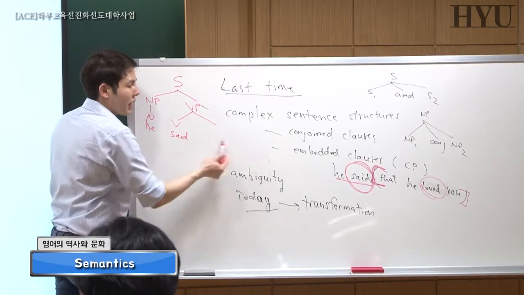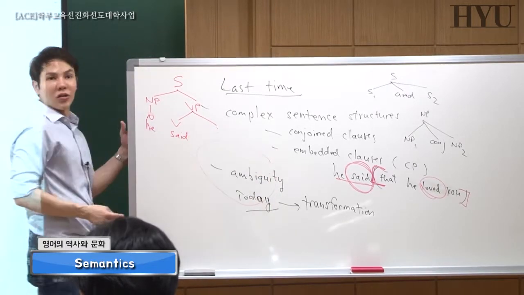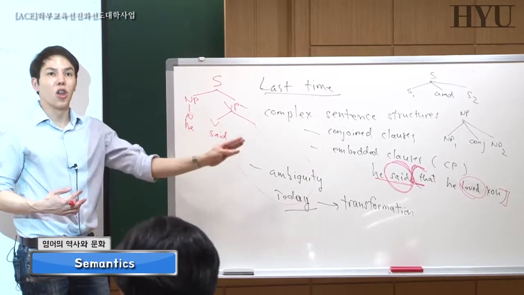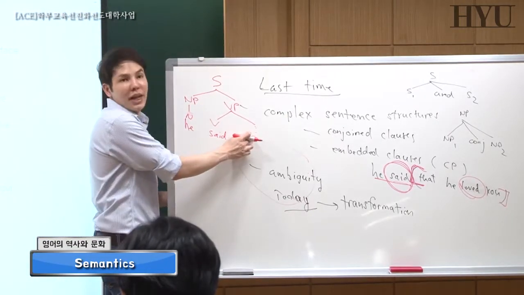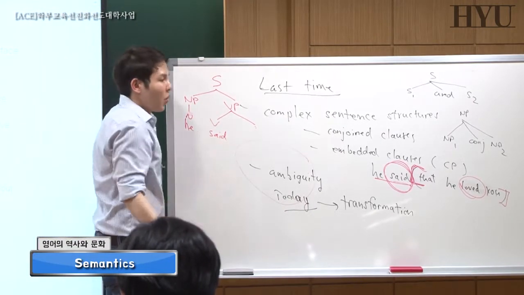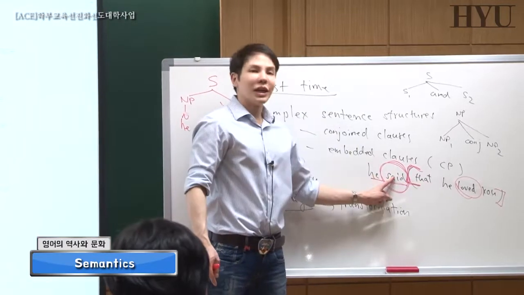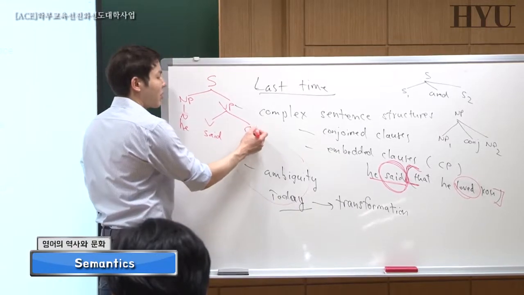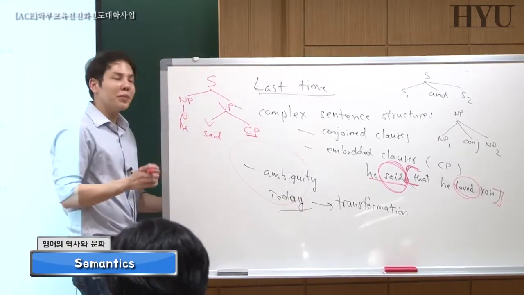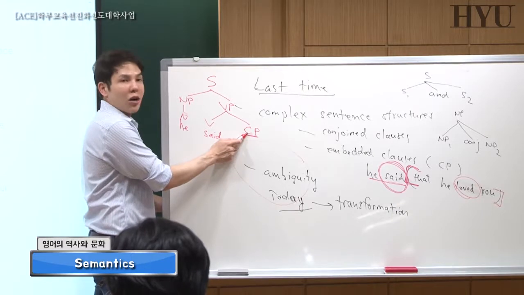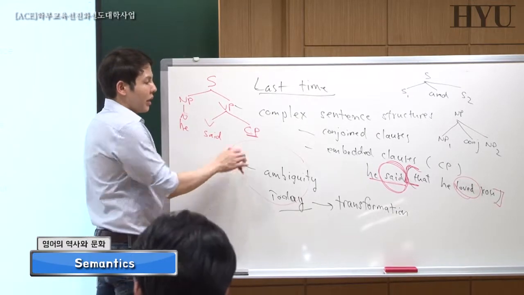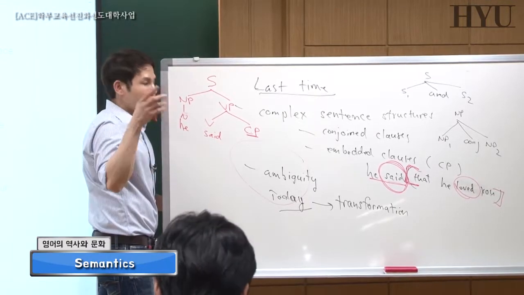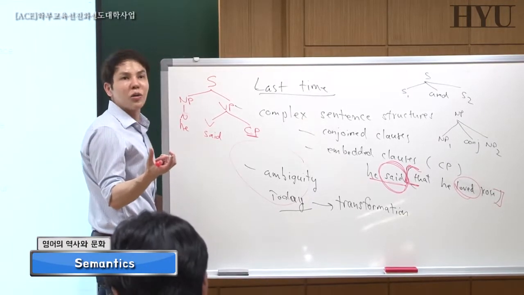Now, the other S is inside here, okay? It's embedded, remember? Said what? Like he said hello, like that. But here it has to be an S. But when you have an S embedded within another one, you need what we call a CP, right? Complementizer phrase. A complementizer phrase, or CP, C is complementizer. The CP signals that what follows is a smaller clause, right?